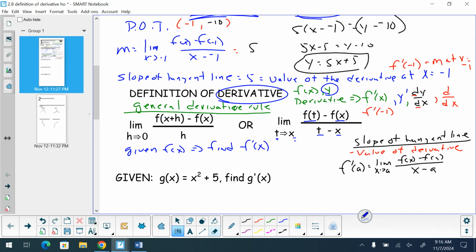Up here, as I approach the value -1, I factor, cancel, sub, and then I put in this value of -1. I substituted -1 back in. Well, what I want to be able to do is go back to my general derivative, so I want to be able to substitute x back in. That means I need to have another value at the front because I can't say x is approaching x.